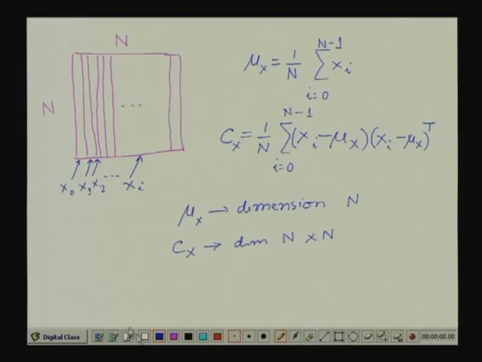As we have already seen, because this covariance matrix C x is of dimension capital N by capital N, there will be n number of eigenvalues lambda I, where I varies from 0 to capital N minus 1, and corresponding to every eigenvalue lambda I there will be an eigenvector E I. So, this eigenvector E I here again will vary from 0 to capital N minus 1.